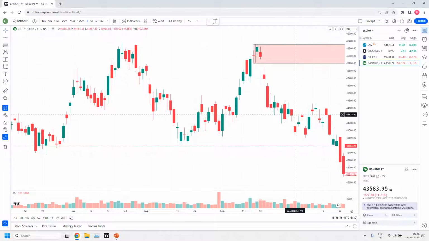Now we have again invisible body from here. We have again a drop candle. So let me draw one more supply here.